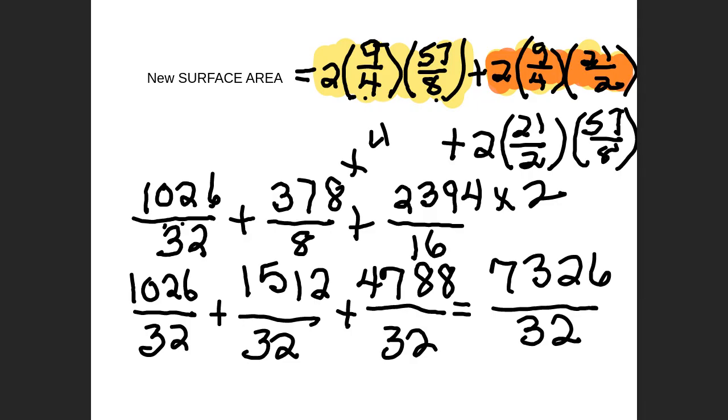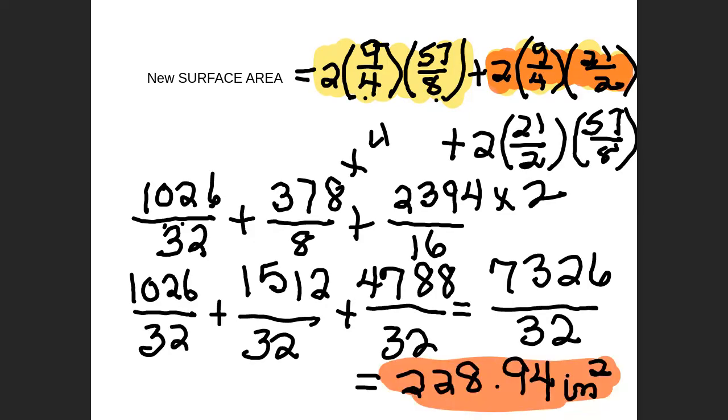I'm going to divide it by 32. Now, I need a decimal to 2 decimal places. This is 228.94 inches squared. This is the other piece I need.